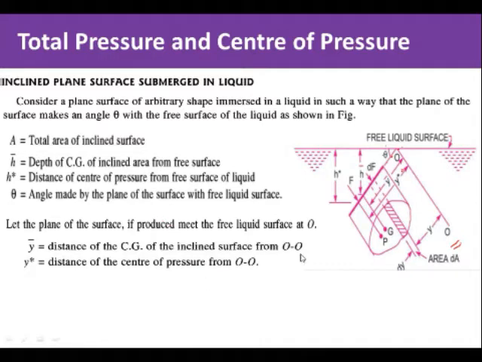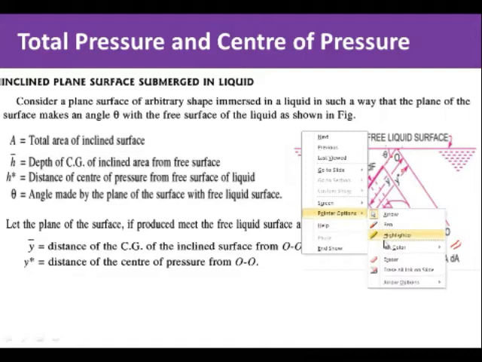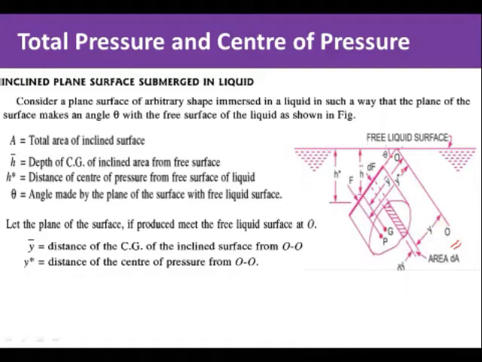After that we will consider any small strip on the body of thickness dy. Let y be the distance of this strip in top view from axis OO, and y star is nothing but the distance of center of pressure from axis OO.